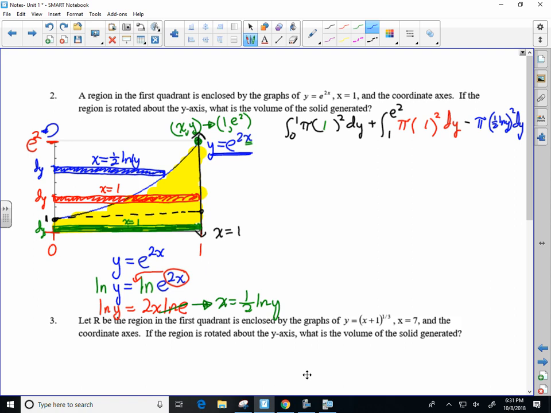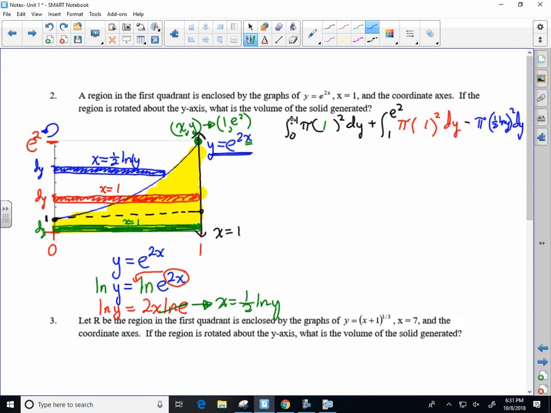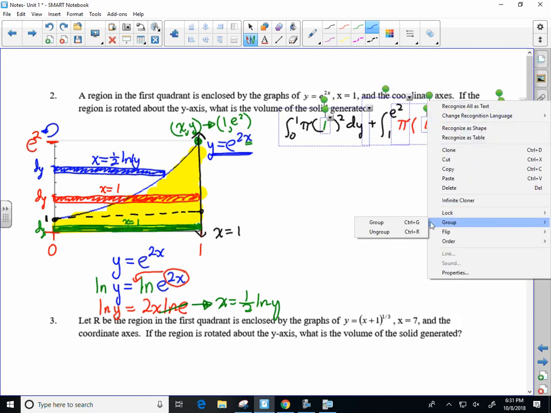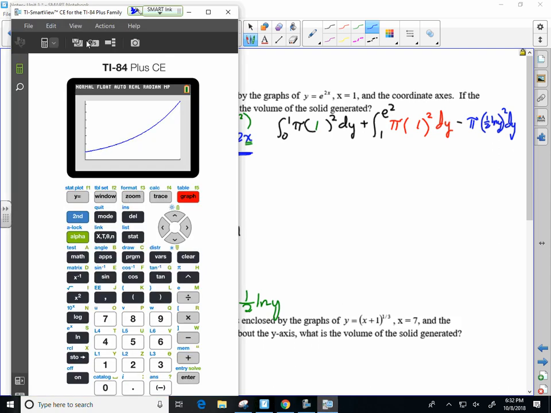Let me see if I can scoot it over. And scooting accomplished. Okay, so to the calculator we go. All of that is the moral of the story. Go to the calculator. Don't forget you have a calculator.